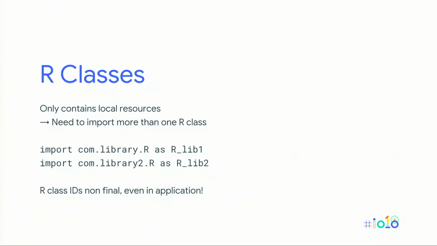We are looking at ways to also make that work in Java easily, because technically there's no reason for the R class to be called R. It could be called whatever else. So each library could define its own name to reduce the number of conflicts. And again, as I said, the R class IDs are not final anymore, even in the app, similar to inside libraries, which means that you can't use Java switch cases anymore.